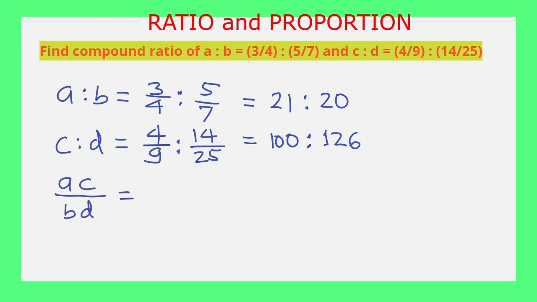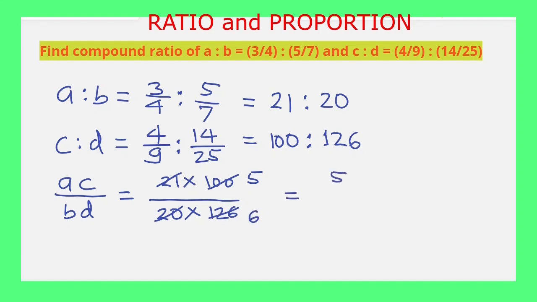So we just multiply the first element of both the numbers, which is 21 multiplied by 100 divided by 20 multiplied by 126, which is the second number of both the ratios. 20 cancels 100 for 5 times and 21 cancels 126 for 6 times, giving us the ratio equal to 5 upon 6.